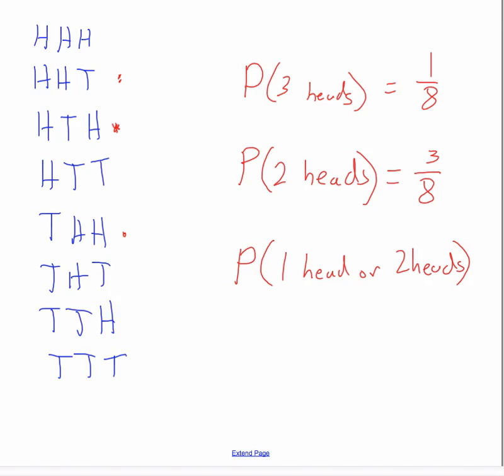Which ones have 1 head or 2 heads? Well, maybe I should clarify there. Just 1 head and then just 2 heads. So it doesn't include this one with 3 heads. So 2 heads, 2, 1, 2, 1, 1. There's 6 total outcomes here with 1 or 2 heads. So the probability of getting 1 head or 2 heads is 6 out of 8, which equals 3/4 or 75% if you like percents.